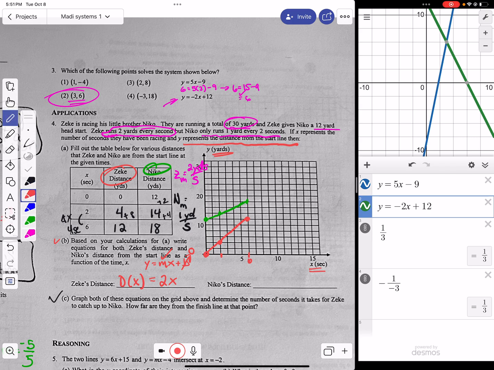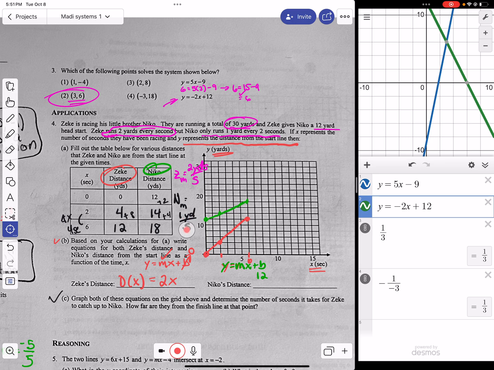And let's do the same thing for Nico here. Nico's got a y-intercept of 12. So again, if I'm thinking about y equals mx plus b, let's do them in green to match him. I now know b for Nico is a 12 because that's where he started. Now I just got to figure out his slope. And again, it's taken from this right here.